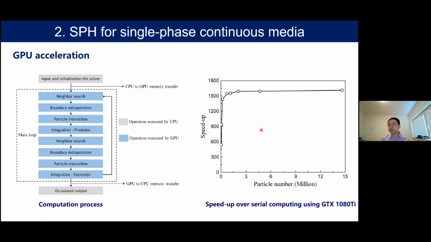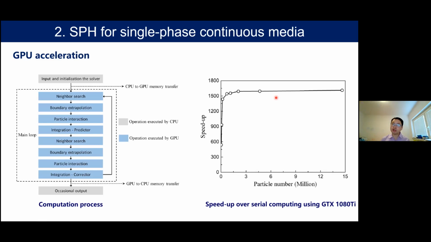And here is a simulation I performed in 2018. I used a graphics card called GTX 1080 Ti, which was released in the spring of 2017. And I compared its efficiency with serial CPU computing. And you can see that its efficiency can achieve more than 1,500 times. Usually this kind of speedup can only be achieved using supercomputers.